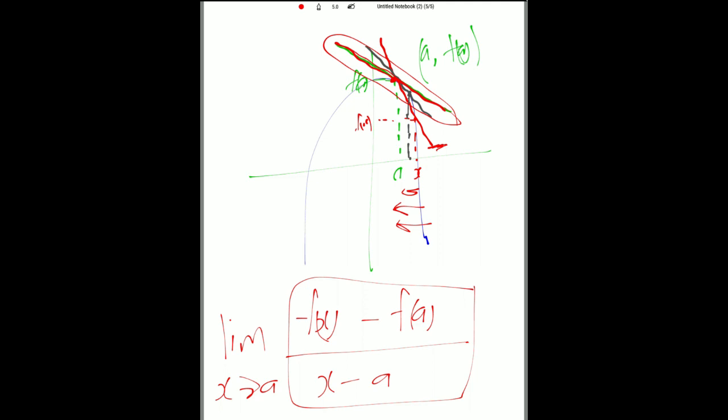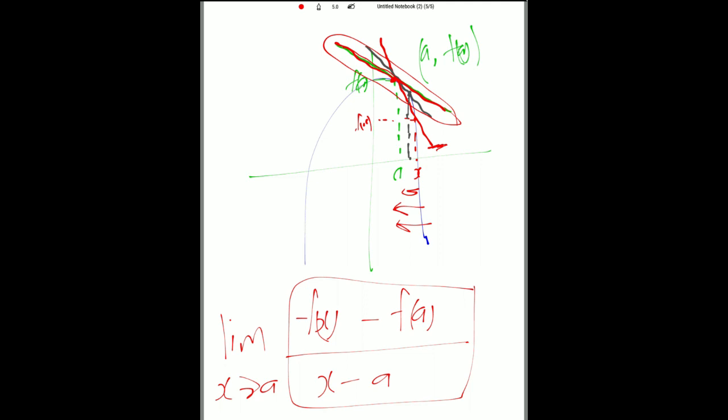And so when finding the gradient here, we're not finding the rate of change or the gradient between 2 points as we did before, where we say the gradient of a line is y2 minus y1 over x2 minus x1. No, we're not finding the gradient between 2 points. What we're doing here is finding the gradient at a single point.